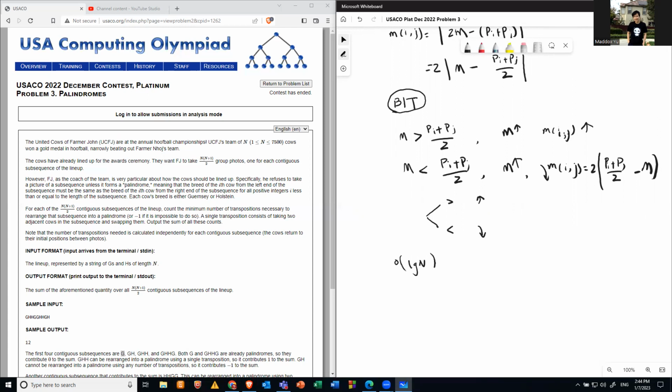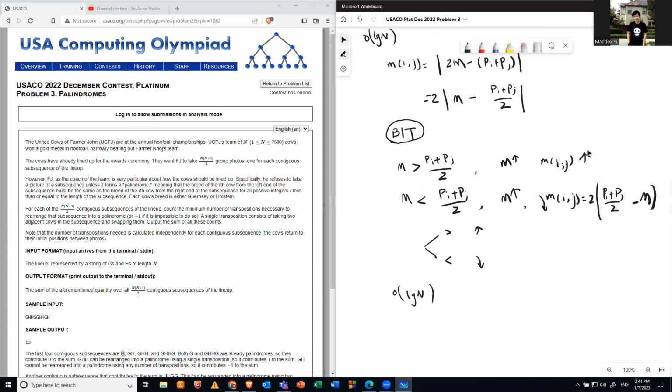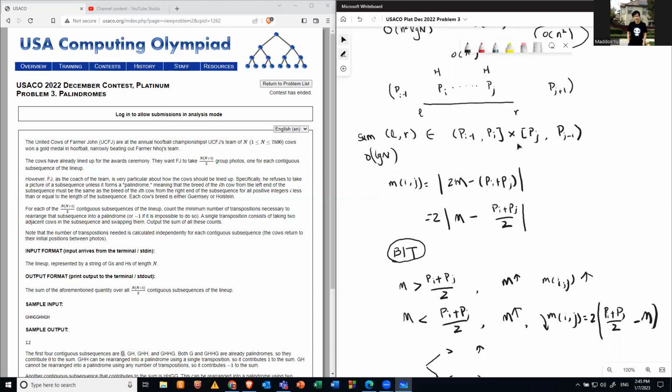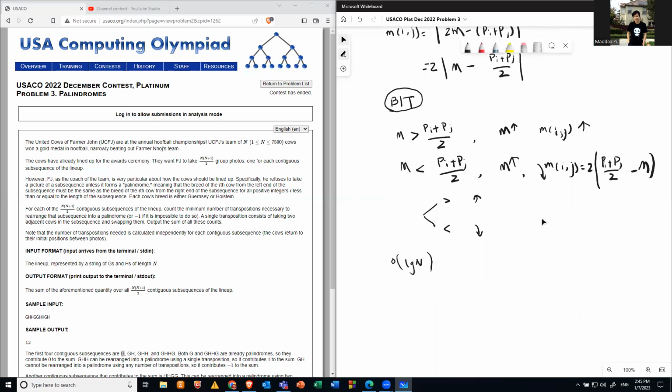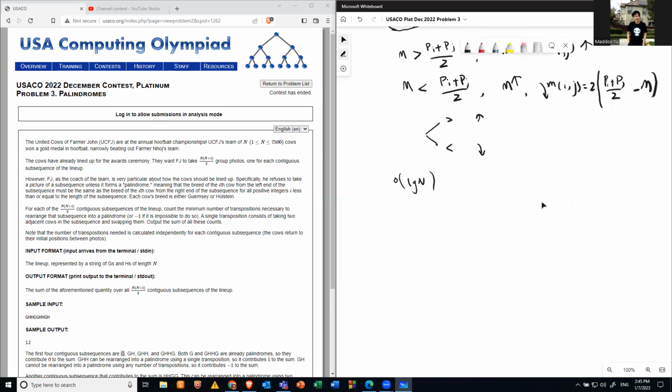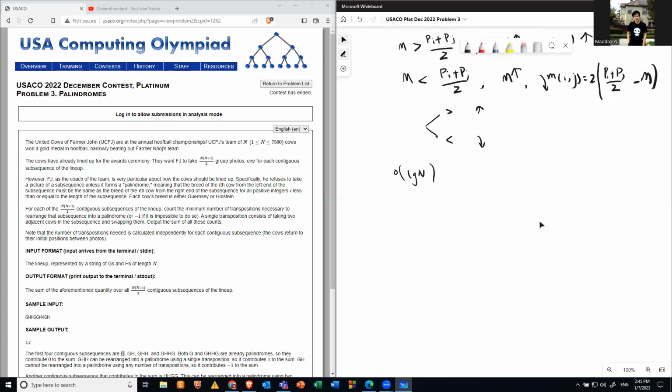So then the total is n squared log n, because you have n squared of those pairs, and each pair takes a log n to calculate. Another way to say it is every time you update, you move the left and right, so it's a log n update. If you want to calculate it exactly, we can make this a homework, okay?